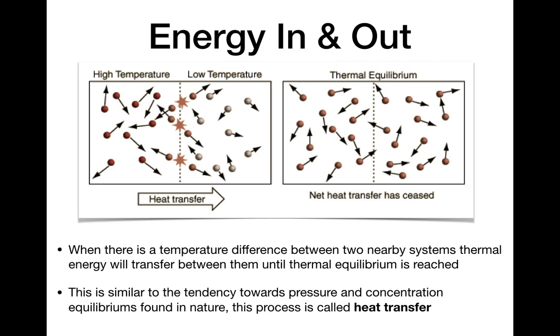We talked about it with concentration, with pressure, with breathing, with diffusion, all those kinds of things. And with heat, with thermal energy or kinetic energy, it's called heat transfer. So the heat will transfer from high to low until everything is in equilibrium and the same temperature throughout.